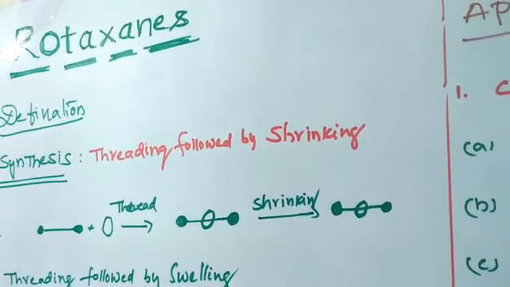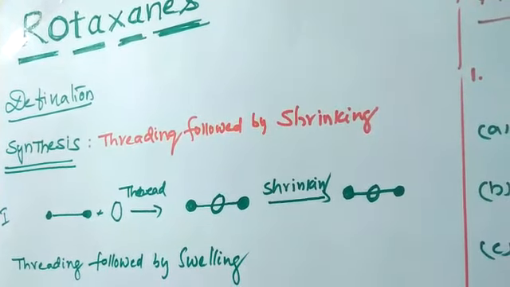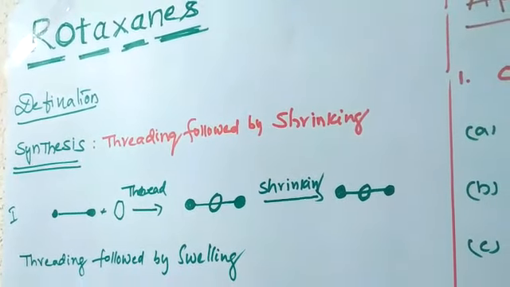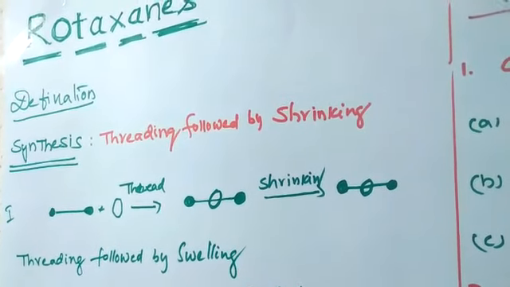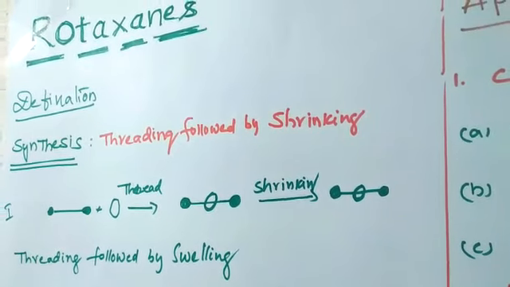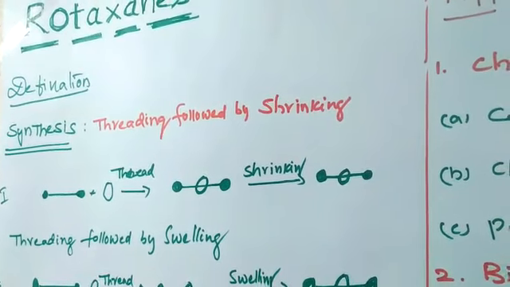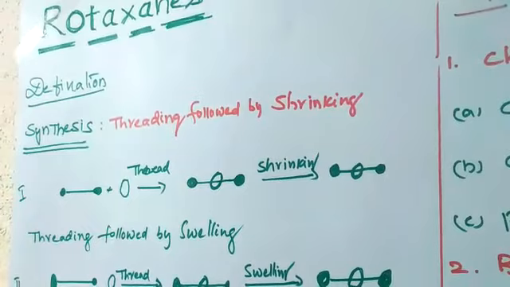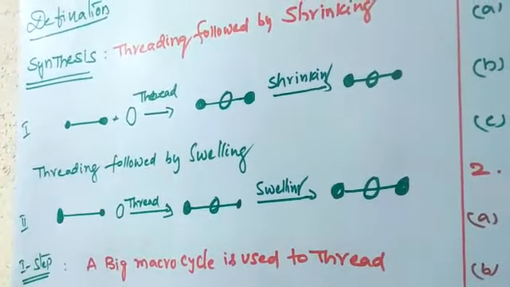Generally, rotaxanes are synthesized by using two methods. One is threading followed by shrinking. The second one is threading followed by swelling.